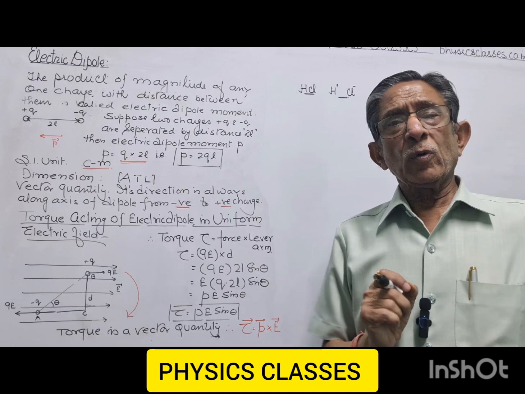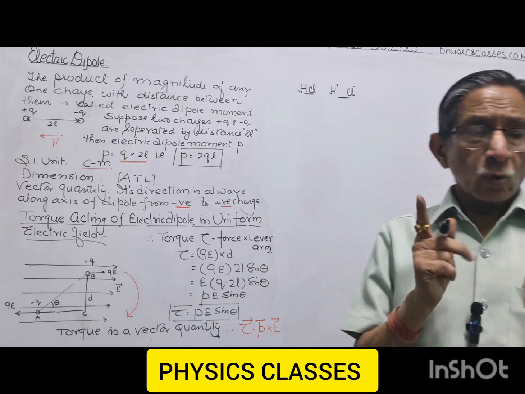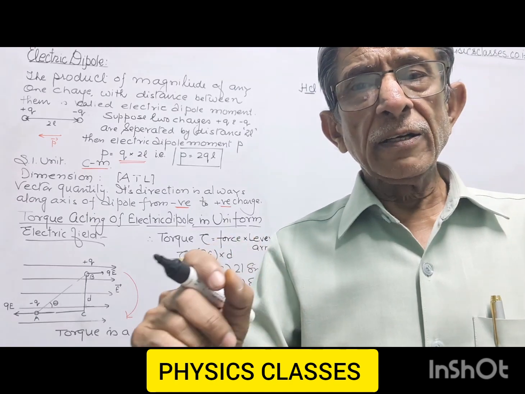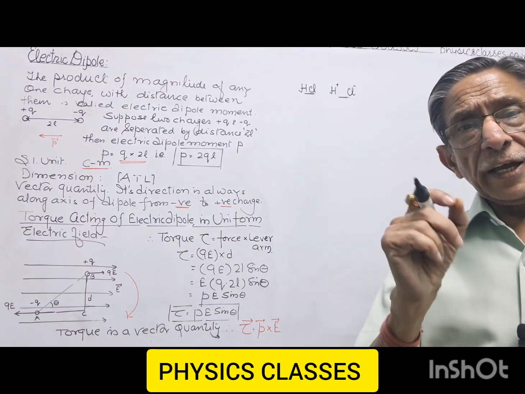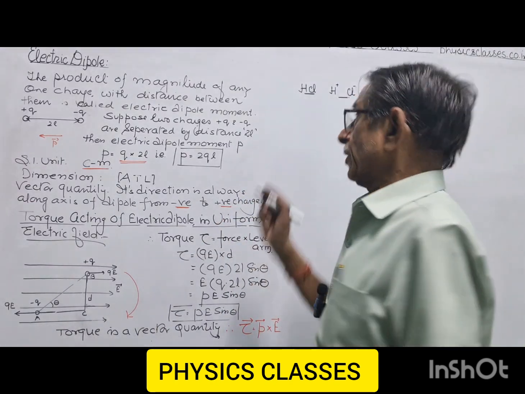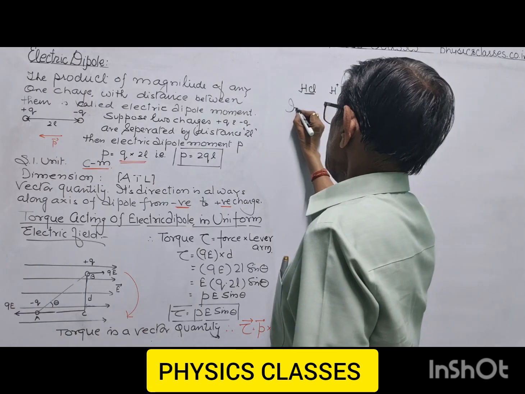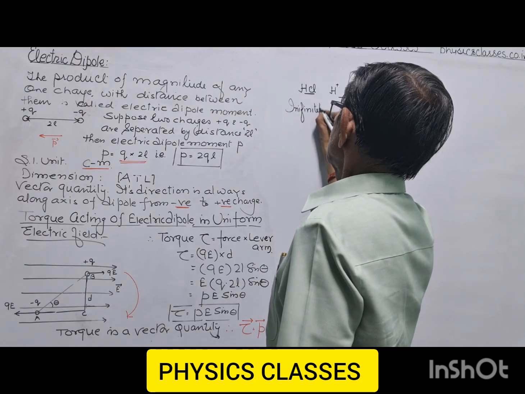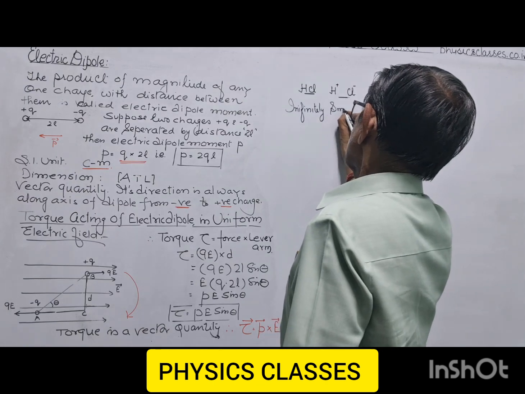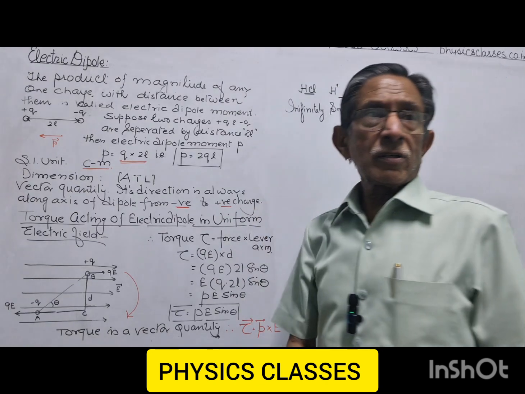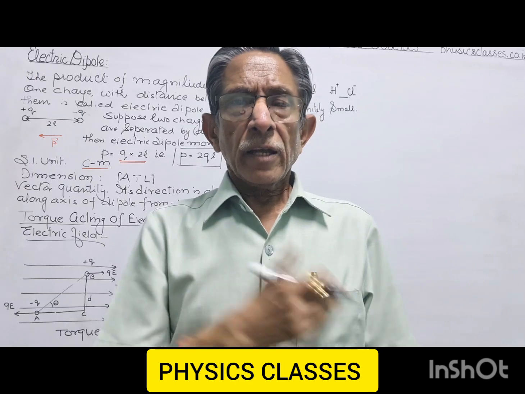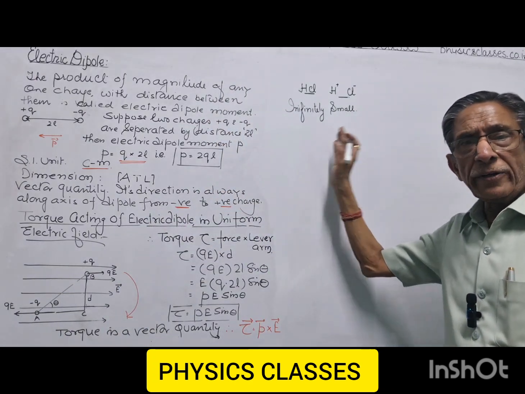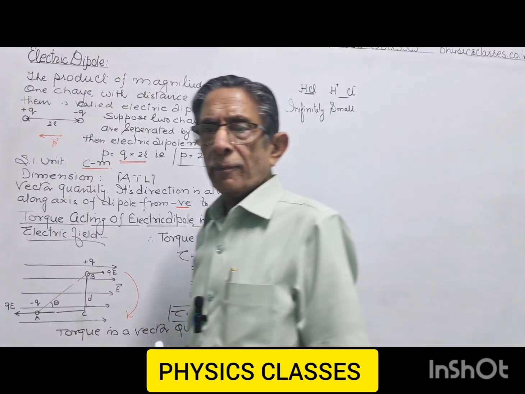An electric dipole consists of two charges equal in magnitude but opposite in nature. In case the two charges are separated by infinitely small distance, then it is called ideal dipole. So what do you mean by ideal dipole?